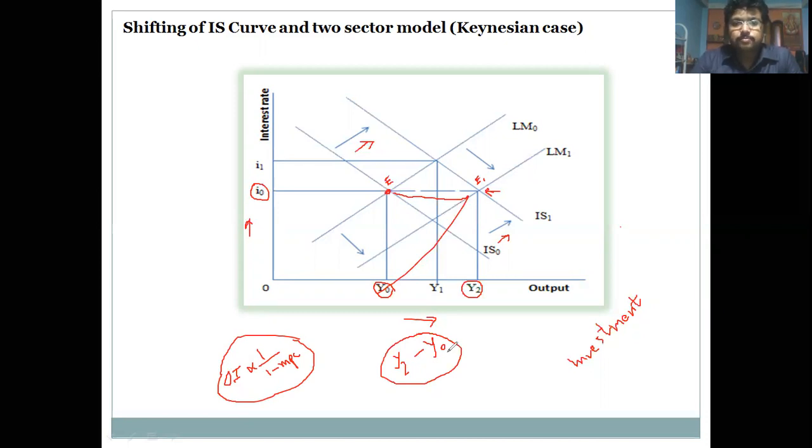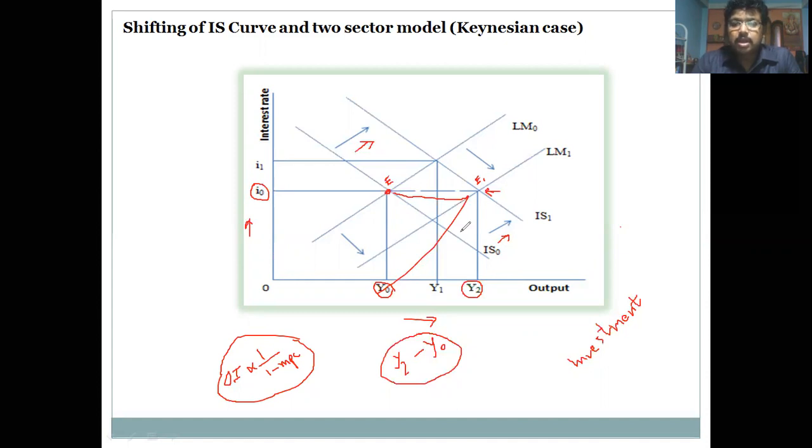Now look, if there is an increase in investment, naturally there is an increase in aggregate demand for output in the goods market, and as a result of this, the output increases.